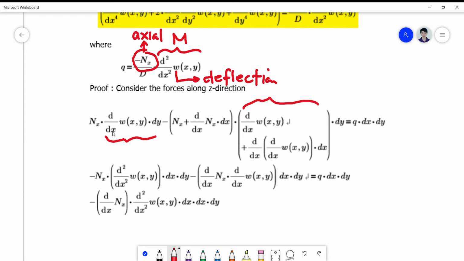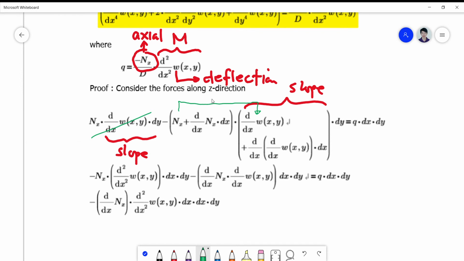But since this is actually the negative of this part here, so if I distribute this part here, these are the slopes, and this here is simply the negative of this value, so it simply cancels out.